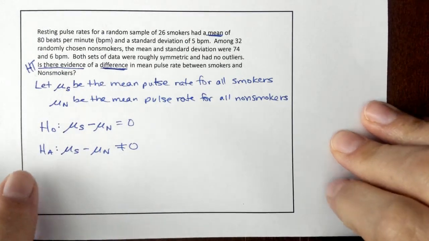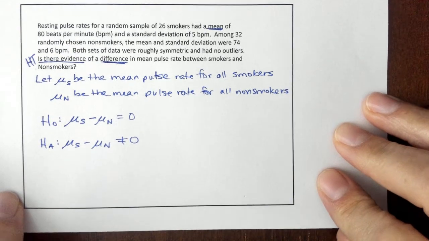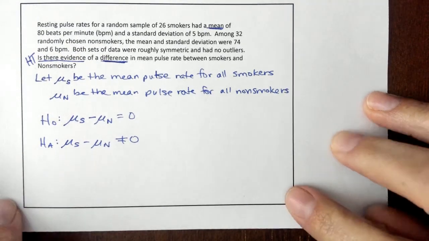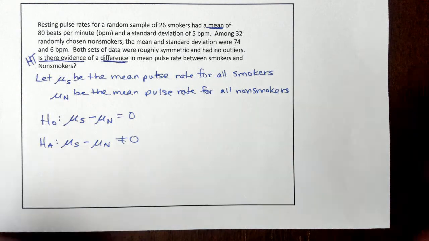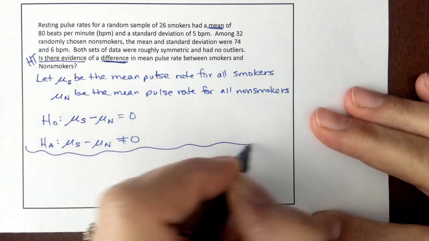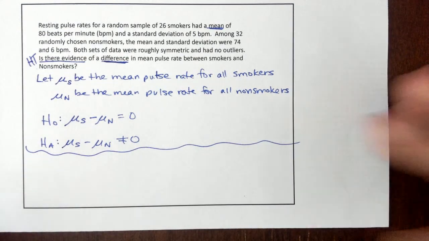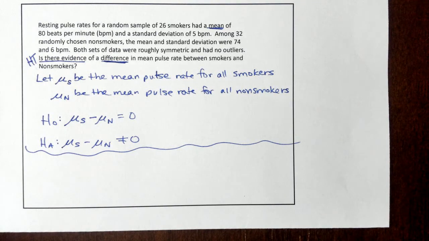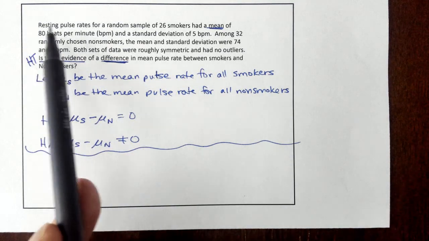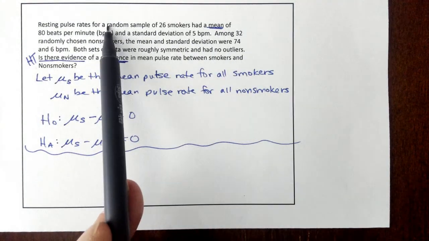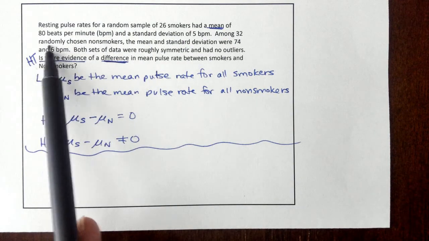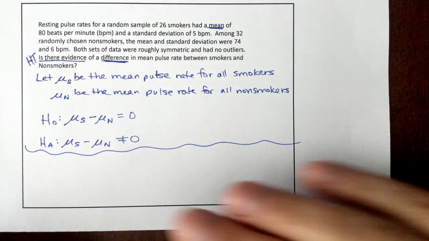Conditions. Do we have room for conditions here? Let's see if we can fit them. I don't know. Let's try. Okay, so condition number 1, we have random samples. If I go back and look at, random sample, randomly chosen. All right, we're good.